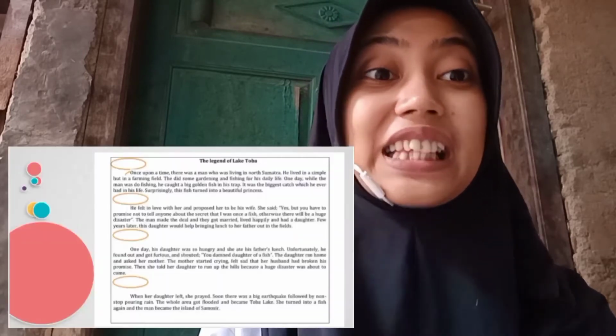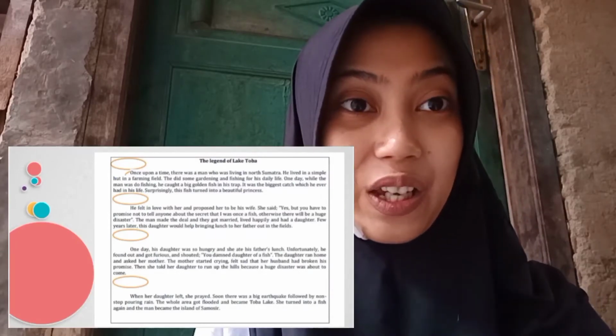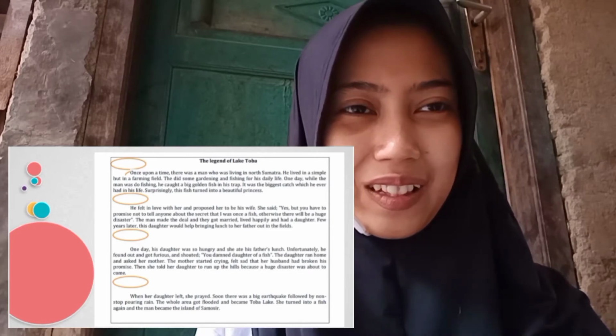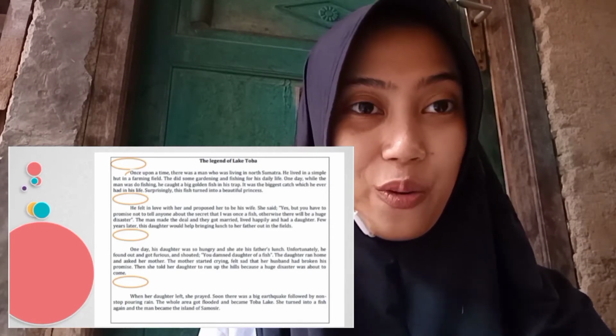Alright, let's identify the generic structure from the text The Legend of Lake Toba. Have you read the text? No. Okay, I will give you time to read the text. Okay, time is up.